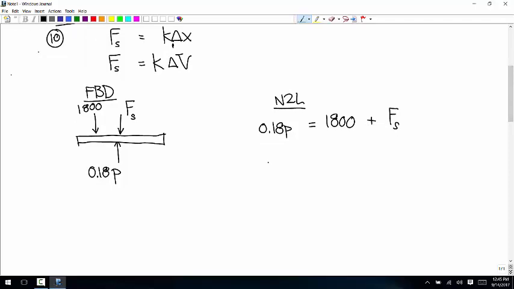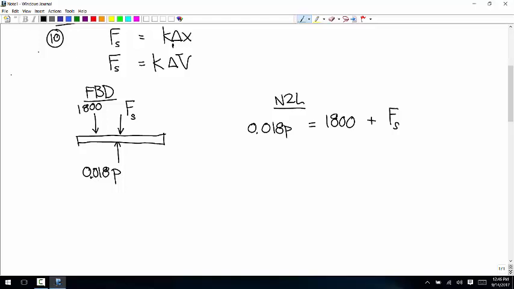And now we can say 0.018. Okay, so what we're trying to head for is calculating the pressure as a function of volume.